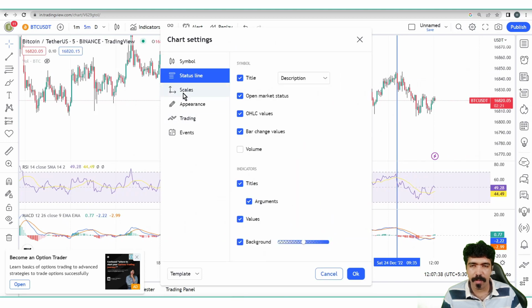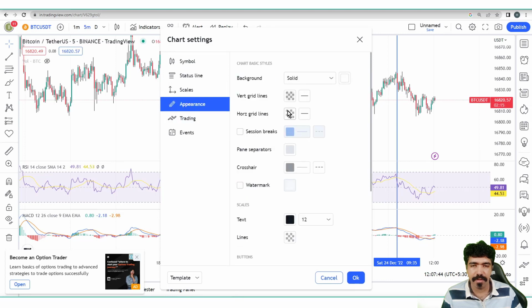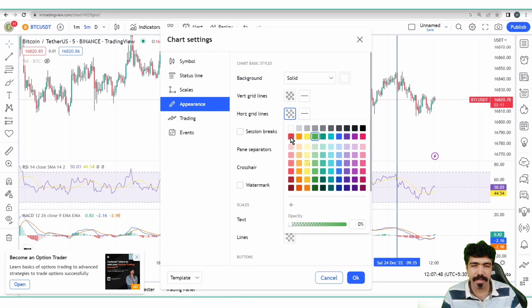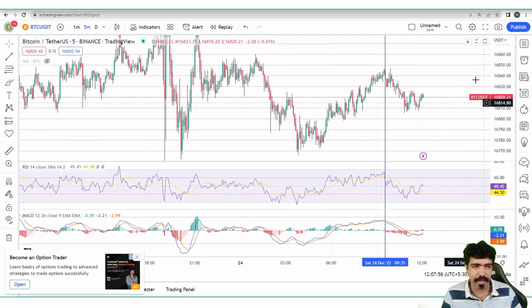So likewise, we have other options like status line, scales, appearance. So let's say I want to add some horizontal lines. So click on this, click on red, click on 100% or 50% opacity to generate horizontal line and OK. So that's how you can generate horizontal line across the chart.